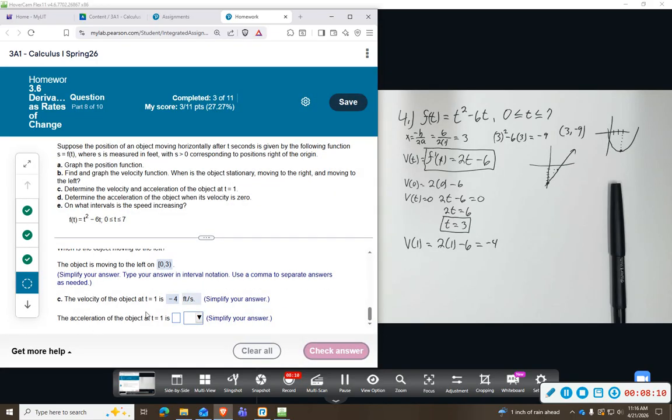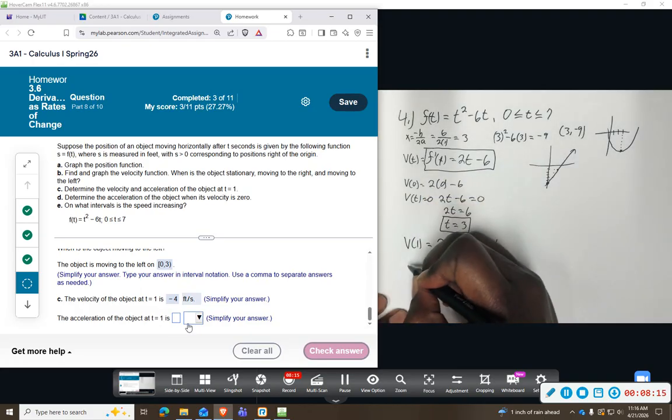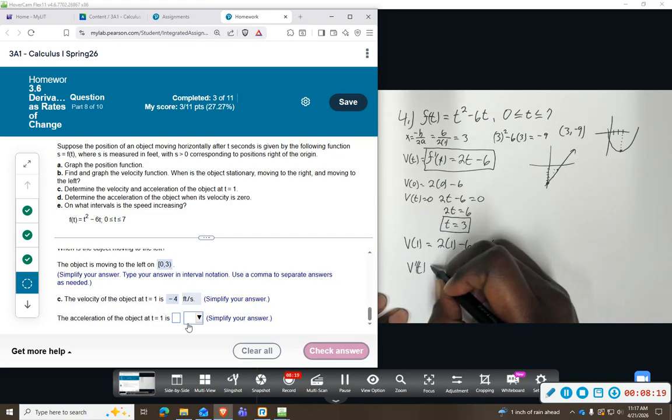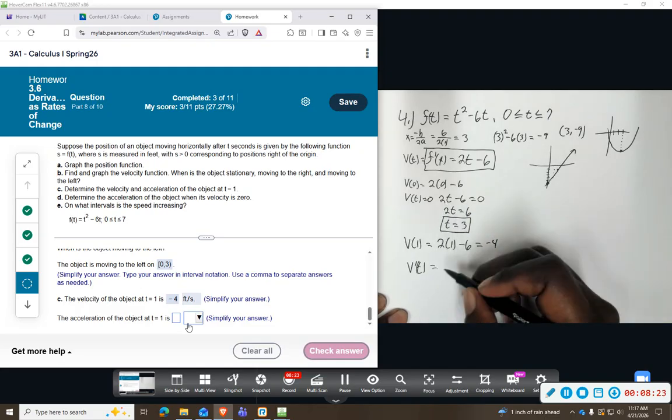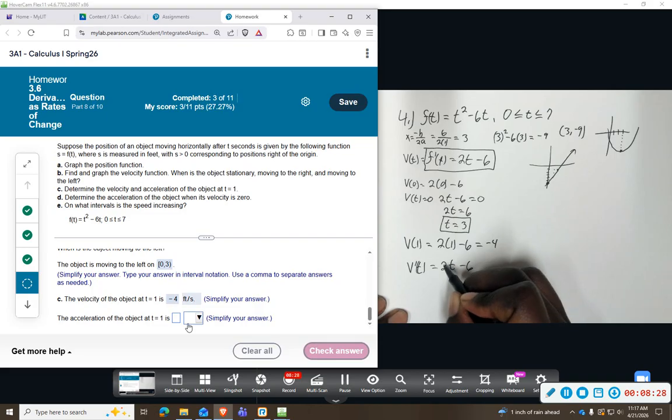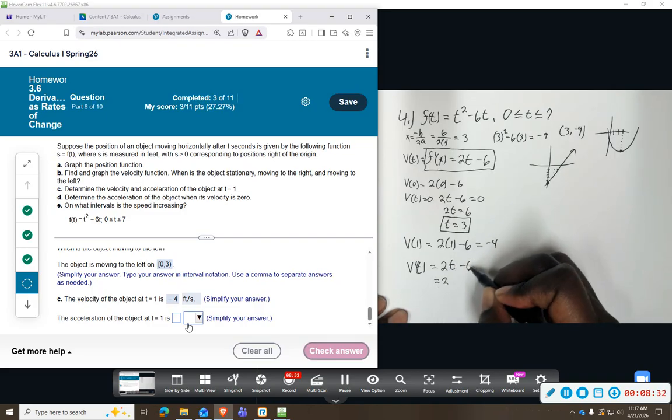The acceleration of the object at t equals 1. We're going to take the derivative of the velocity function, and that's going to give us acceleration. The velocity function was 2t minus 6. The derivative of 2t is 2, and the derivative of 6 is 0.